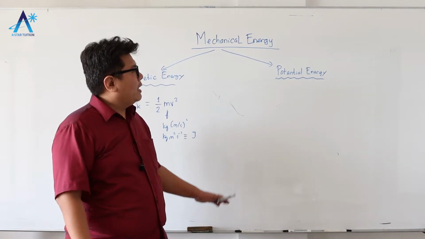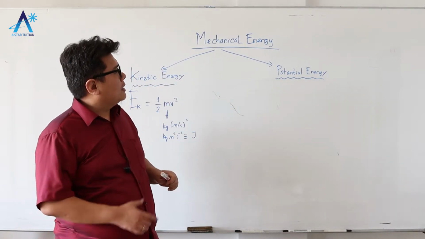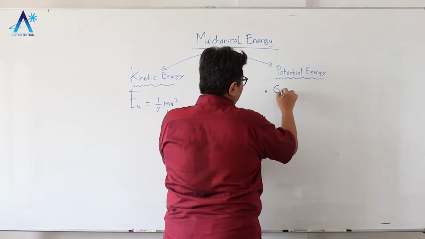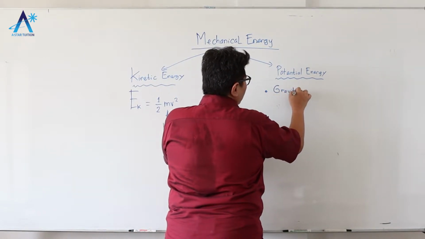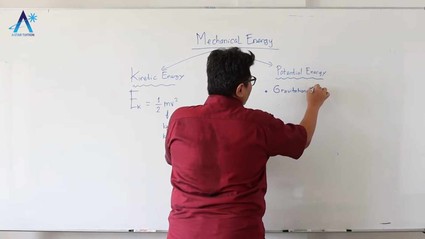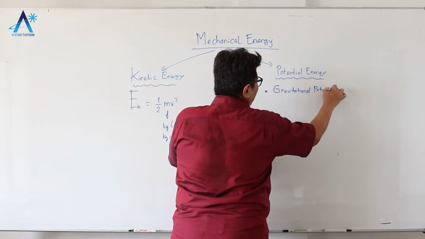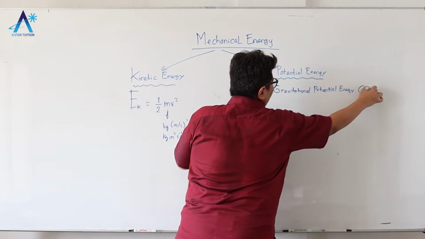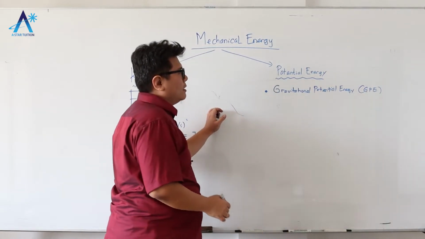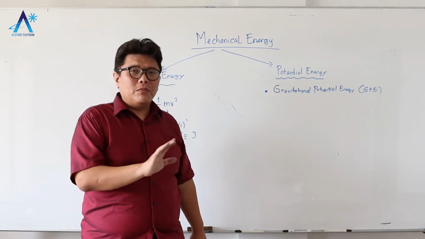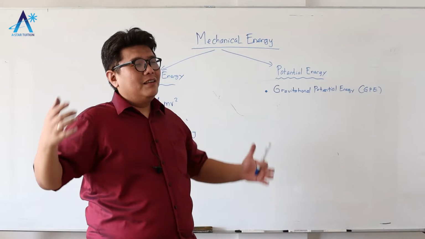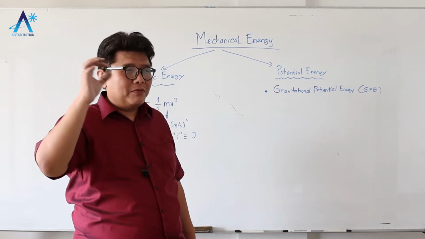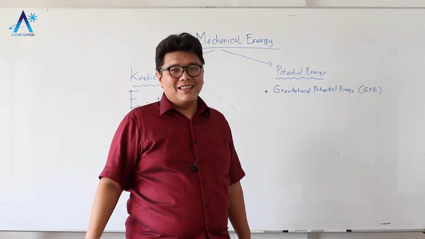Okay, now there are actually many examples, but let's discuss the gravitational potential energy. Let's call it GPE. So any object that is located on Earth, it doesn't have to be Earth, but a large enough body of mass to which everything is bound, like a planet.